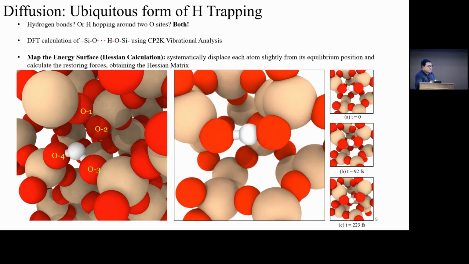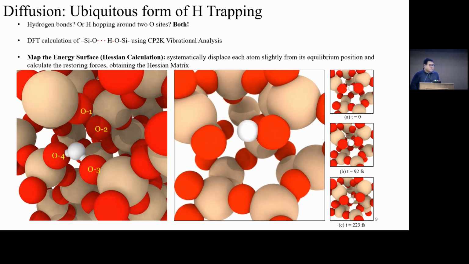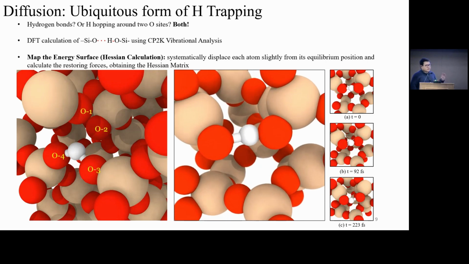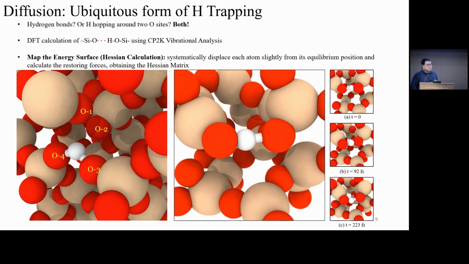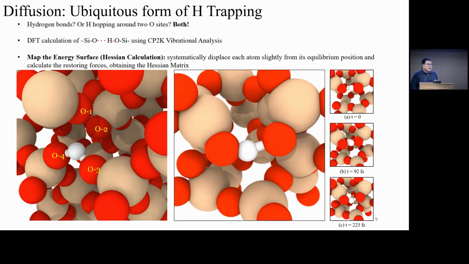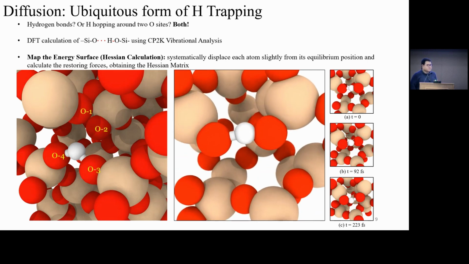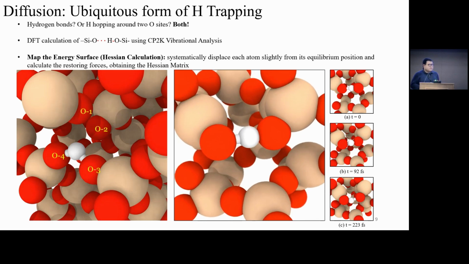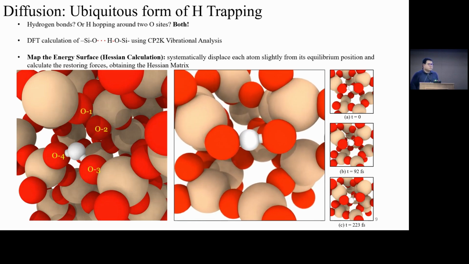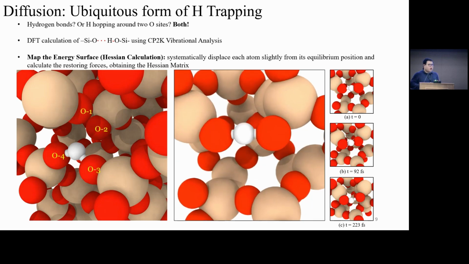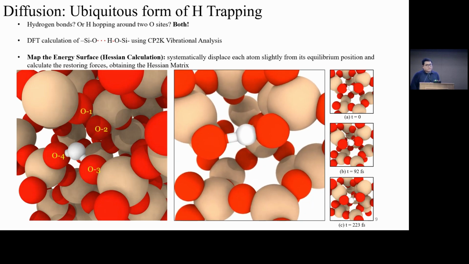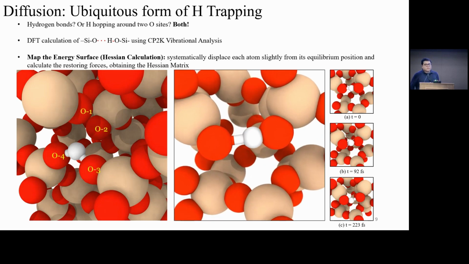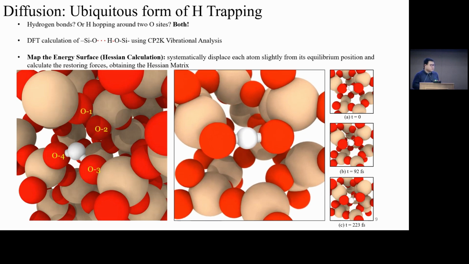This hopping is very, very fast, simply because the hydrogen is very close between those 2 oxygen sites, and the hydrogen bond actually facilitates this diffusion process. The time scale is about 0.1 picosecond, which is relatively longer compared to hopping between those 4 oxygen sites, but still very short compared to the lifetime of the hydroxyl stretch.